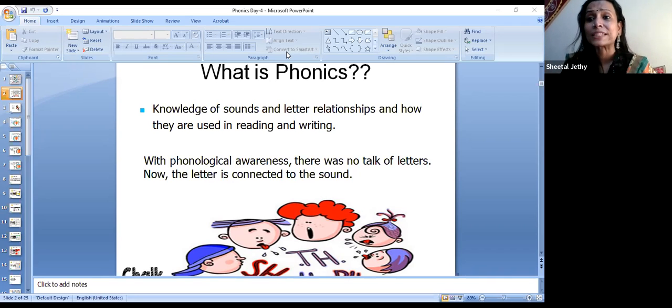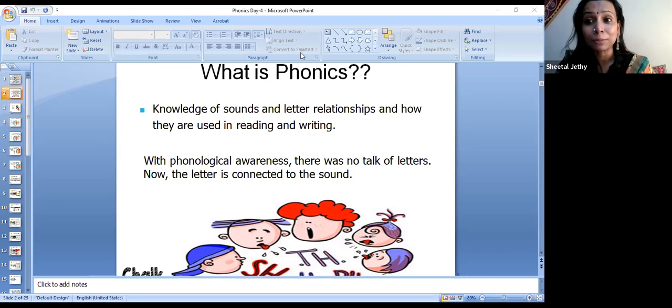Nowadays, obviously, in this new era, from the time we have started introducing phonics into the world of our children, things have become a little easier. At the same time, it has become complicated as well, because there are a lot of rules and regulations in phonics.